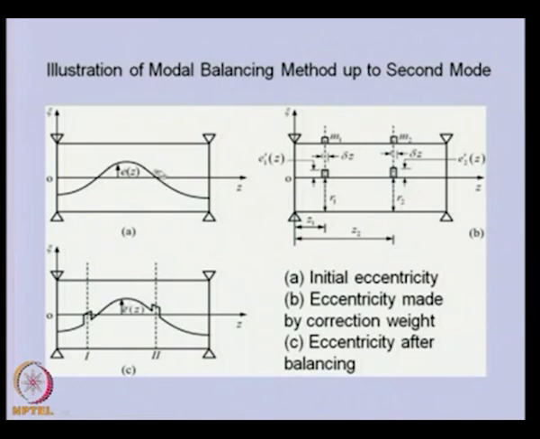So these steps correspond to the concentrated correction masses which we have kept. We expect that these two masses will balance the rotor up to the second critical speed. The meaning of that is that not only will it balance the first mode near the first critical speed, it will also balance the second critical speed, and our aim is to obtain M1 and M2. So now let us see how we can do this.